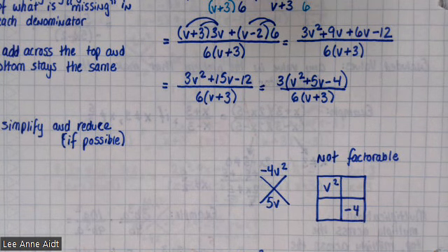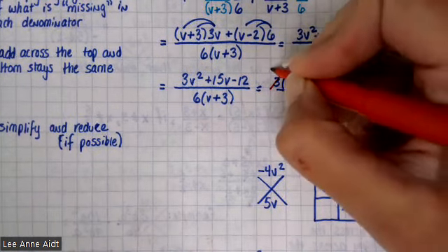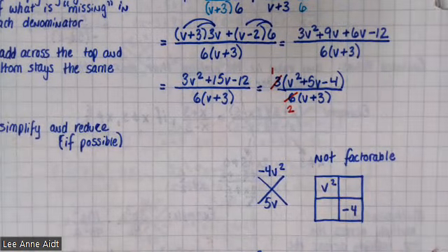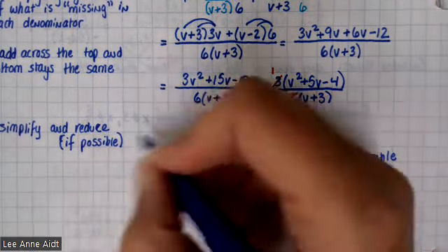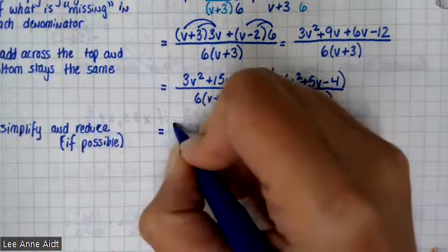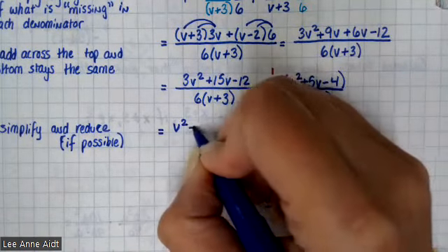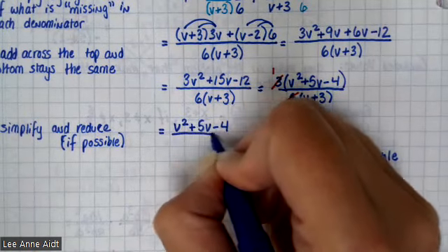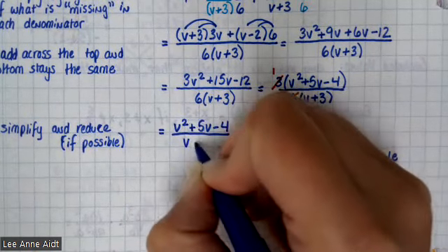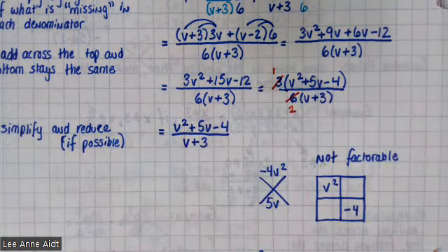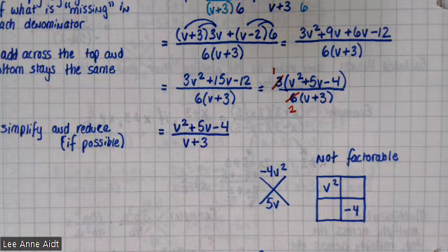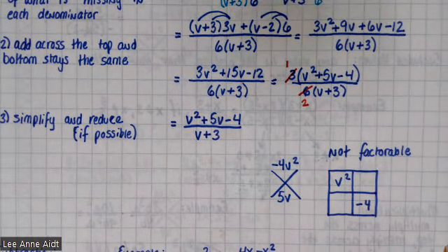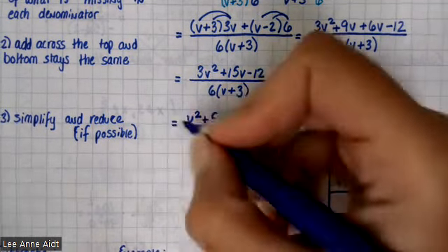So I wanted you guys to think that, oh, you're not crazy. There is something to reduce here though. The 3/6 can be reduced to 1/2. Yes.